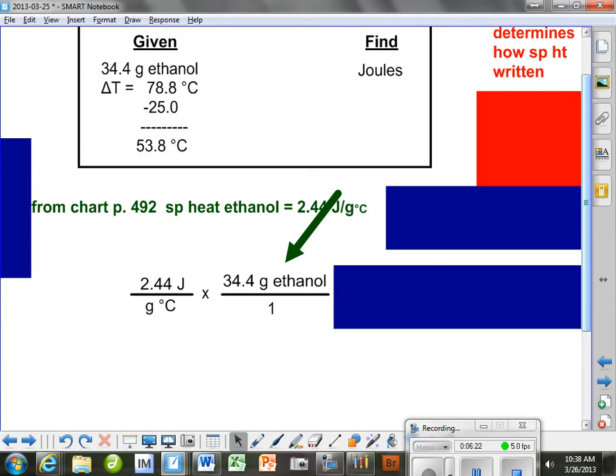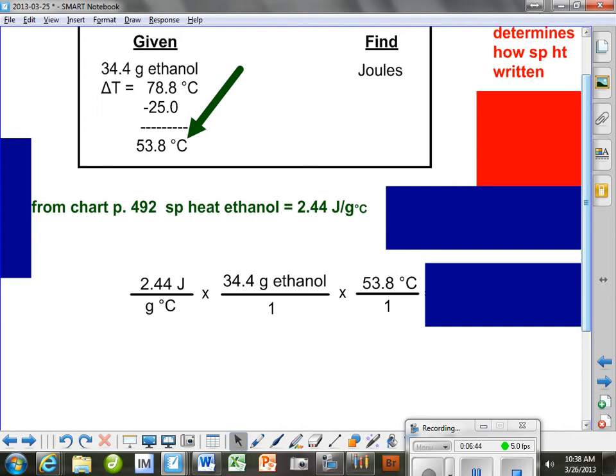Okay, and Annabelle, you get to tell me what the next fraction is. This is what we're going to put with our fraction, and is that 53.8 degrees centigrade going to be top or bottom? It's going to be on the top. Good. What's on the bottom of the fraction? A 1. Again, very well done. Okay, so that's our 3 fractions. That solves this problem, because that will give us joules.